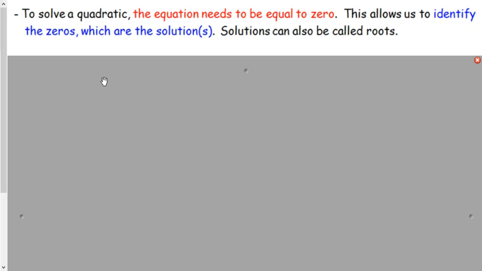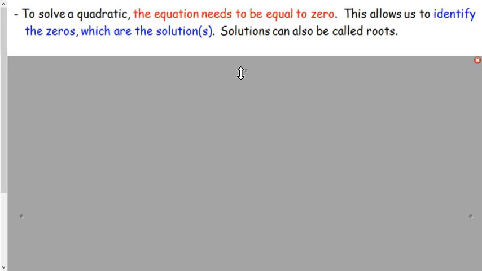So the reason they're called the zeros, which you didn't know up until now, is because they need to be equal to 0 when we're solving our equation. So we're always going to make sure that our equation is equal to 0. That's something we're going to get really used to doing. Our equation is going to need to be equal to 0 so that we can get to an answer.